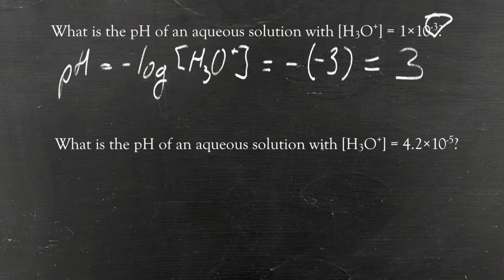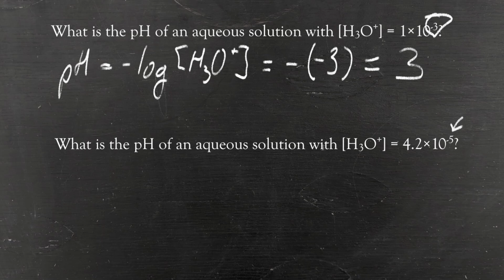For the next question, we can again have a rough guess because we can look and we can say, oh look, -5. If that was 1 times 10 to the -5, the pH would be 5. But it's not. It's more than 1 times 10 to the -5, so the pH is going to be less than that.